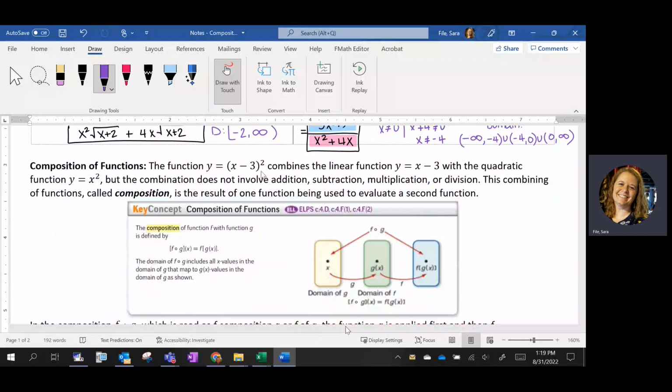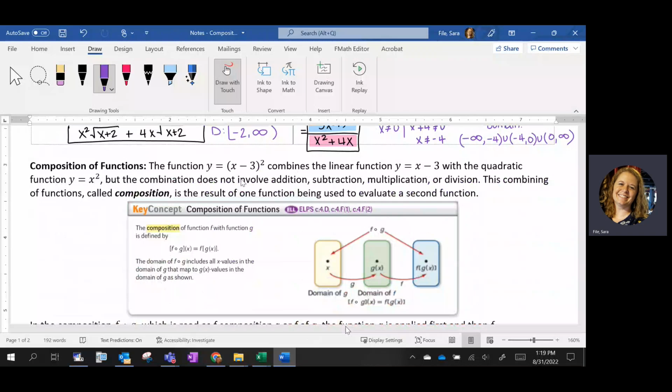Okay, so if you take a function, y equals x minus 3 squared, for instance, this combines two different functions. If you look inside the parentheses, x minus 3, that's a linear function.